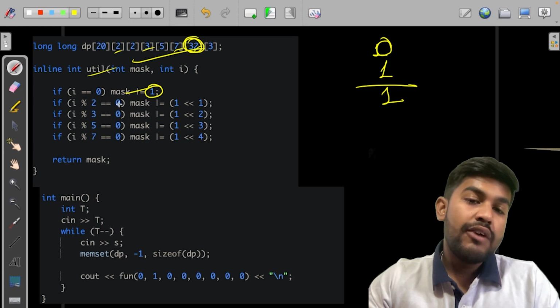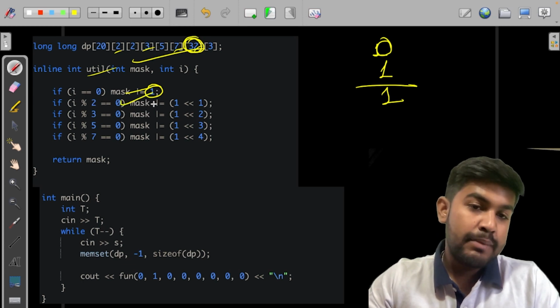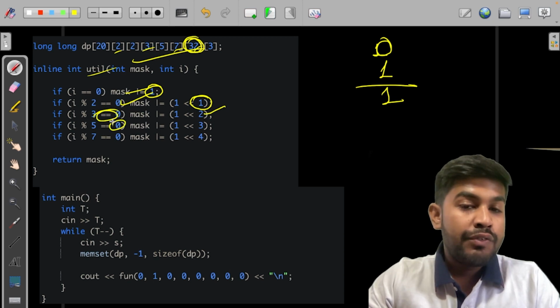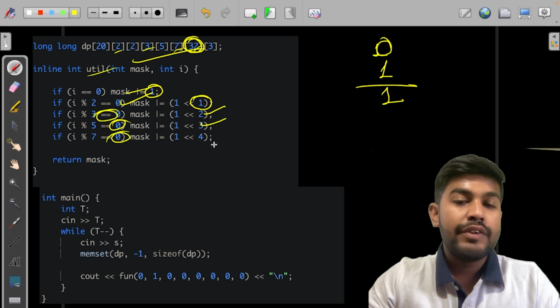Now the same goes for the others: if it is divisible by 2, then we are turning on the first bit. If it is divisible by 3, then we are turning on the second. We have done it for 5, 3, and 7.